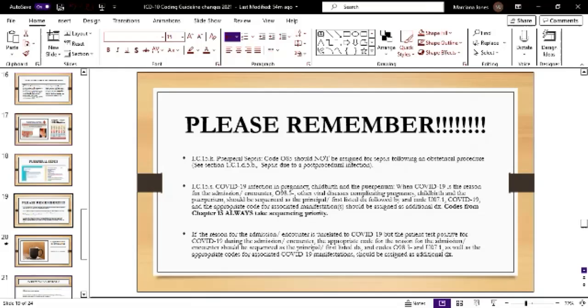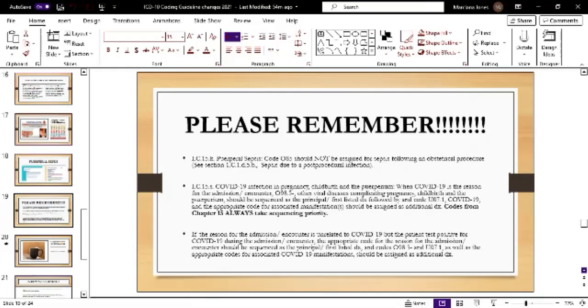If the reason for the admission or the encounter is unrelated to COVID, if the reason they came in is not related to COVID, they came in for a backache, but the patient tests positive for COVID while they came to check on their backache, then the appropriate code for the reason for this encounter should be sequenced as the first listed diagnosis, meaning that backache or whatever they diagnose, if they diagnose that patient with osteoporosis from their backache, then their osteoporosis or their backache code is going to go first.